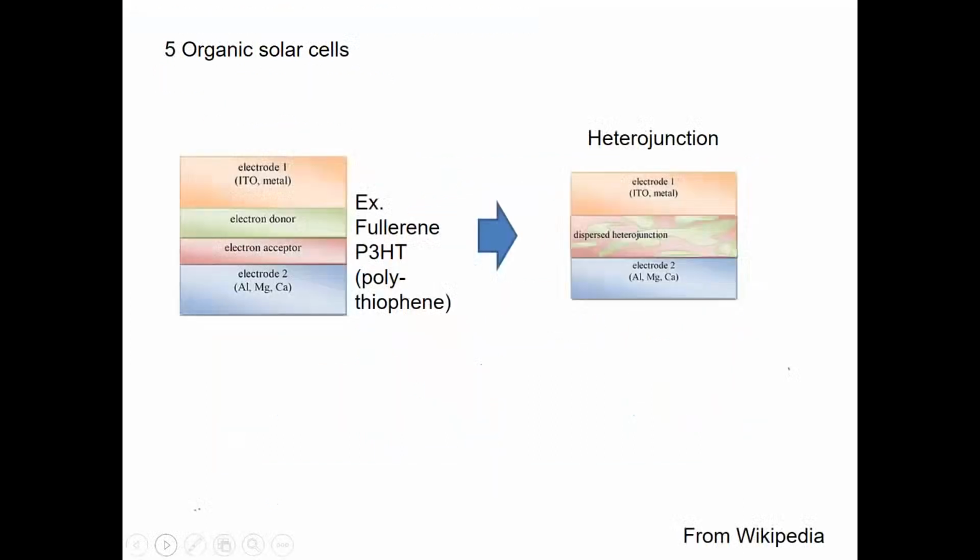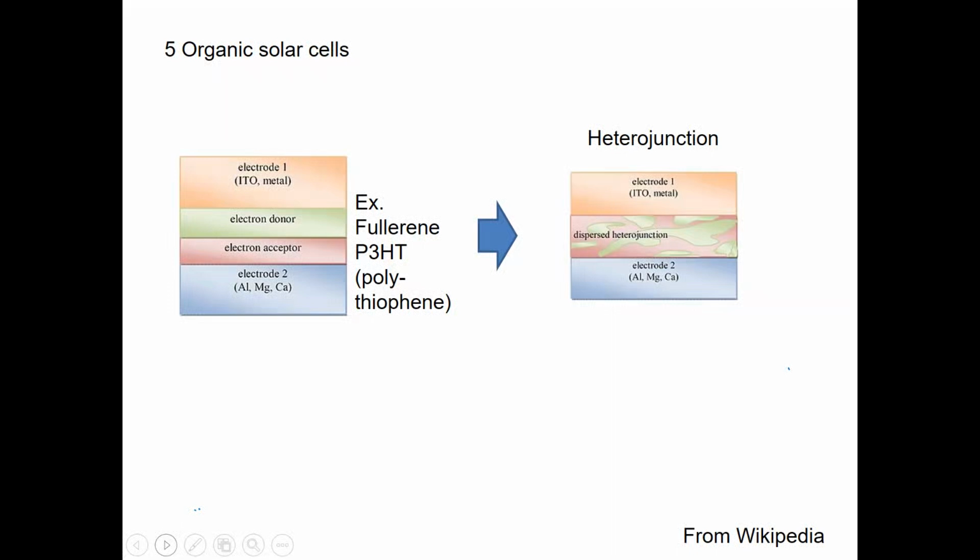So finally, this is another very active topic, which is organic solar cells. And I would just briefly mention what could happen for this. So this is another type of very smart way to make solar cells.